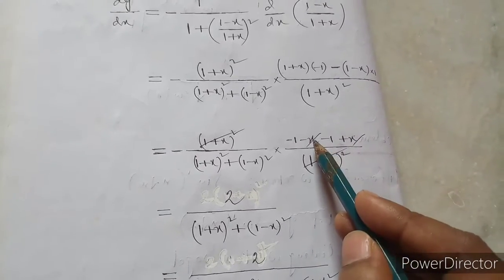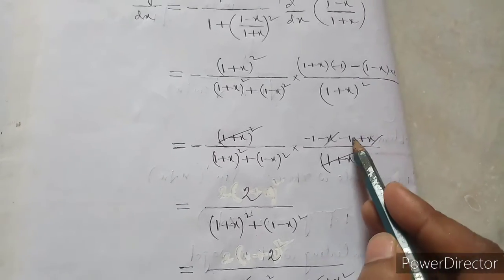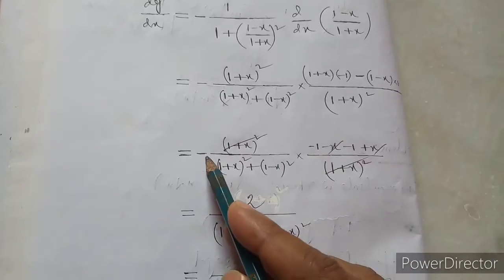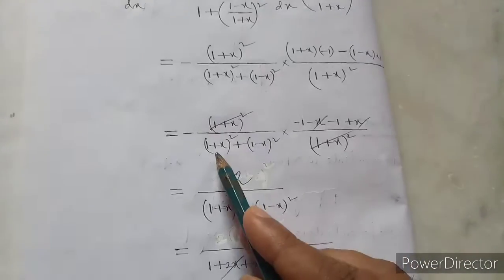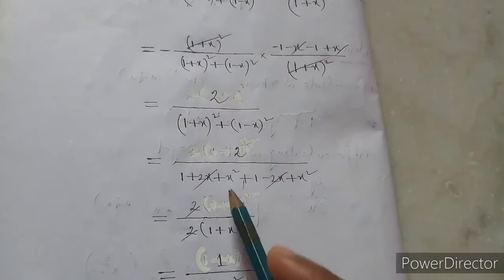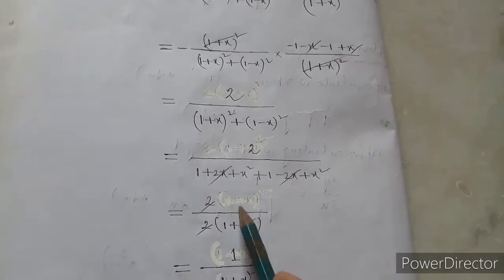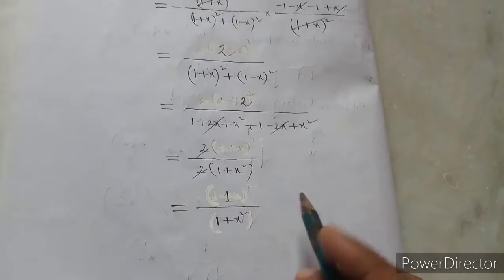So minus x plus x cancel out, so this should be minus 2 into minus, that means 2, and this should be (1 plus x) square by (1 minus x) square. After simplification we got 2x cancel out, so this should be 2 by 2 into (1 plus x) square. 2 cancel out, so the answer is 1 by 1 plus x square.